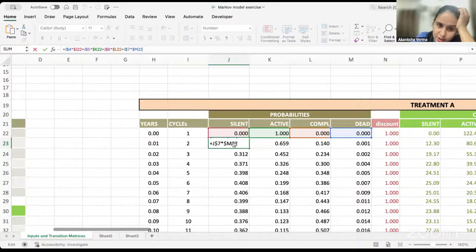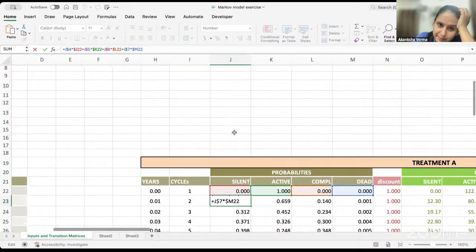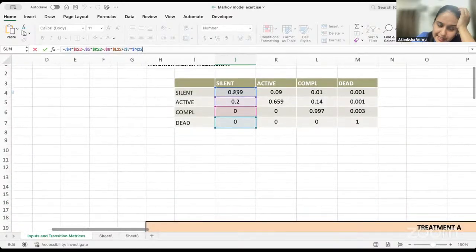the silent health state. So 0 multiplied by the transition probability of staying in 0, patients moving from active to silent, moving from complications to silent, and moving from death to silent, which is not possible. Okay.